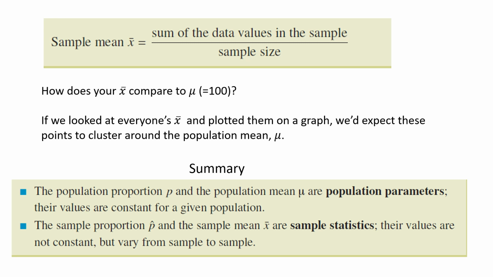But then we have sample statistics: p hat for proportions, and x bar when we're looking at numerical data and averages. They're what we can determine and use to draw inferences about our population parameters. Okay, good.